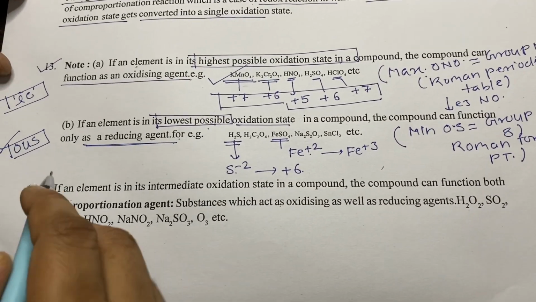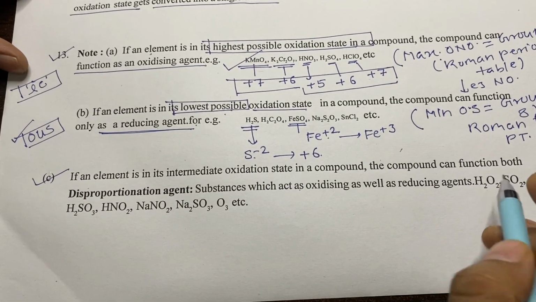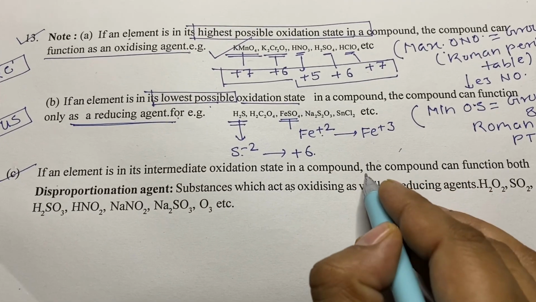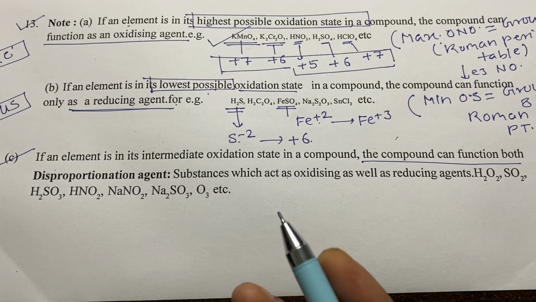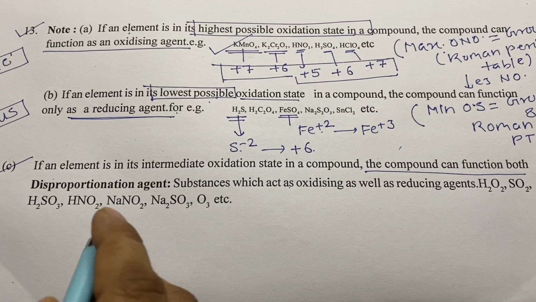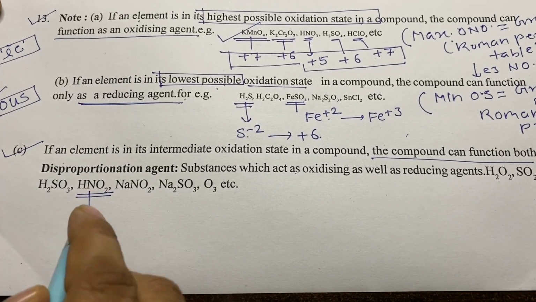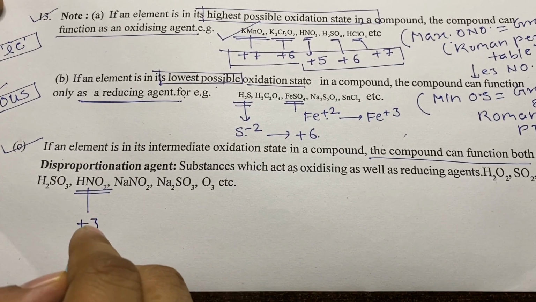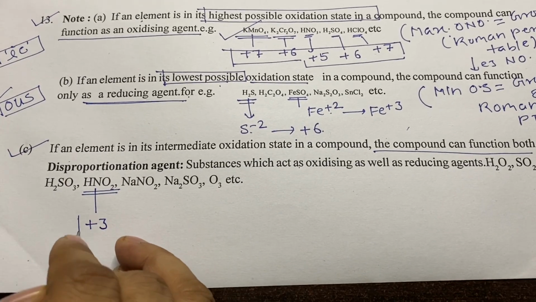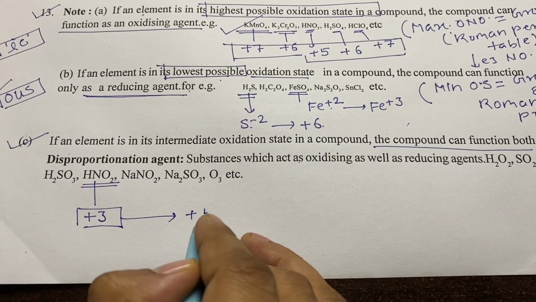Now what is meant by a disproportionating agent? When an element is present in the intermediate oxidation state, definitely it can increase its oxidation number as well as decrease its oxidation number. Let's take an example like HNO2. In HNO2, the nitrogen is present in +3 oxidation state, but we know that the maximum oxidation state of nitrogen may be +5.